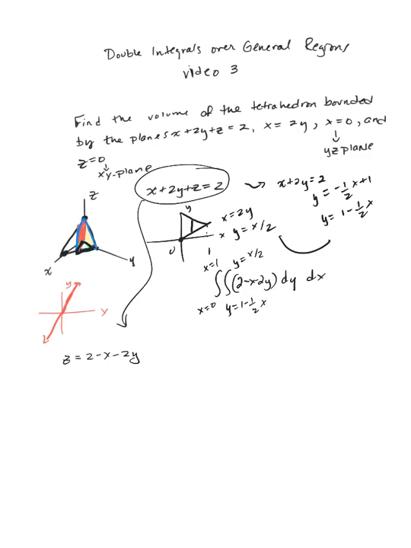So 2 is a constant, x is a constant. So 2 minus x is a constant. And then when you integrate 2y with respect to y, you just get y squared. Okay, now I have to substitute in my functions.